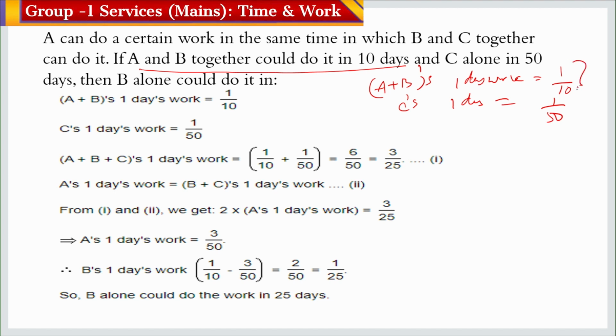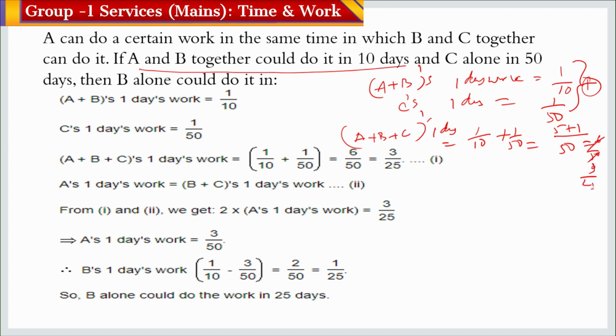So, when you add these two, A plus B plus C's 1 day work is 1 by 10 plus 1 by 50. LCM is 50, that is 5 plus 1, it is 6 by 50 or 3 by 25, correct? This is A plus B plus C's 1 day work.